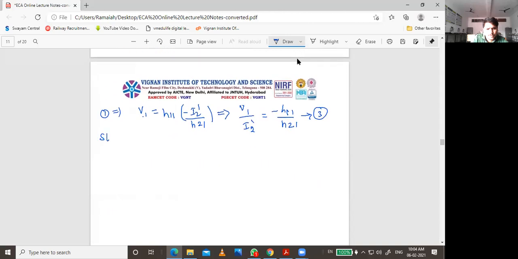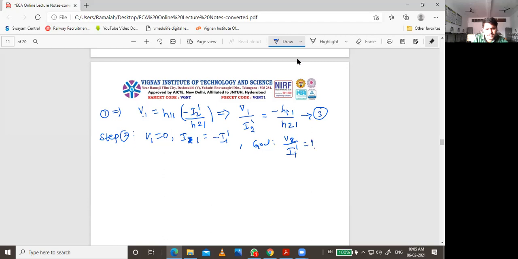Next, step 2: V1 equal to 0 and I1 equal to minus I1 dash. The goal is to find V2 by I1 dash.